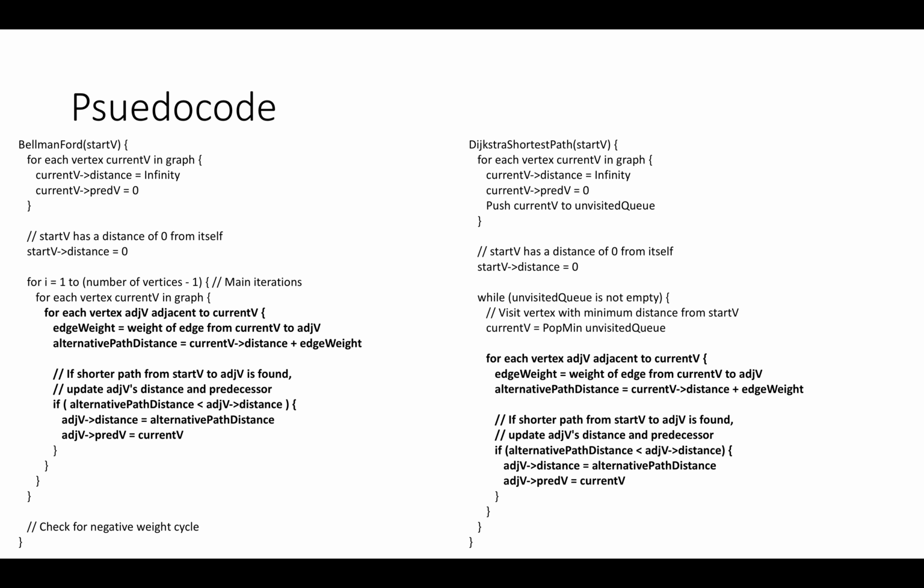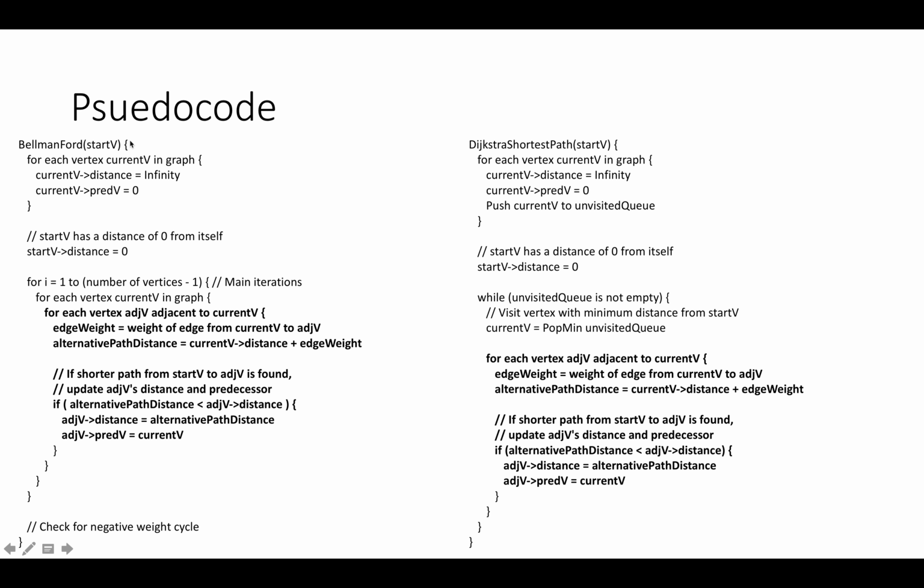For each vertex, we go to each adjacent node, see if it's visited, check what its total cost is to get there, and see if we can update our total costs in any way if we found a shorter path. What we're going to notice is that on the left-hand side, with the bold stuff right there, those two pieces of pseudocode are exactly alike. There's no difference between them at all.